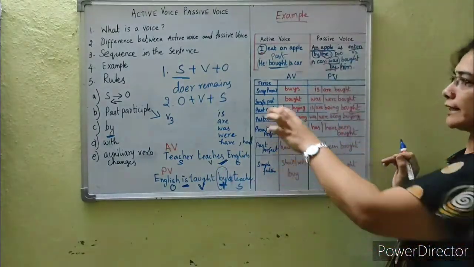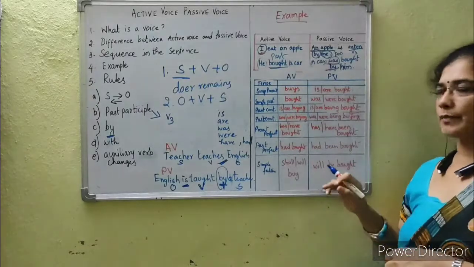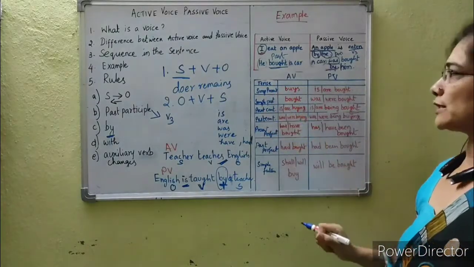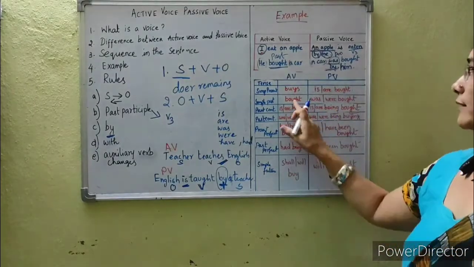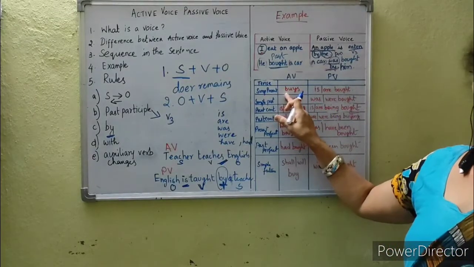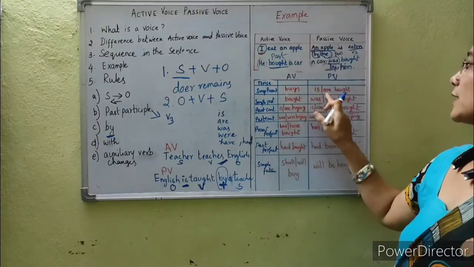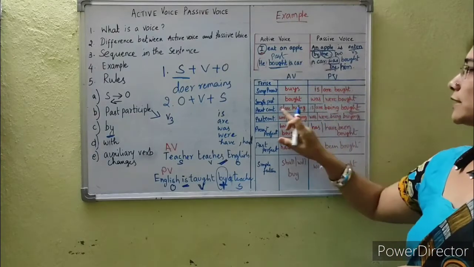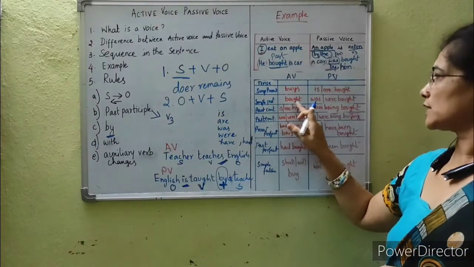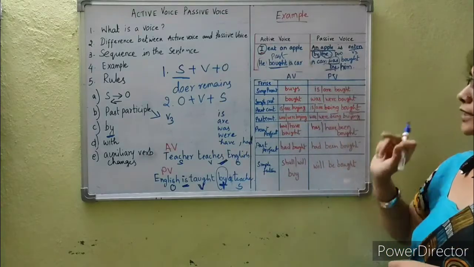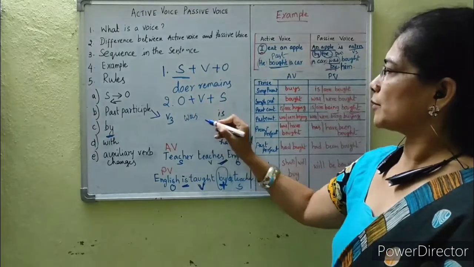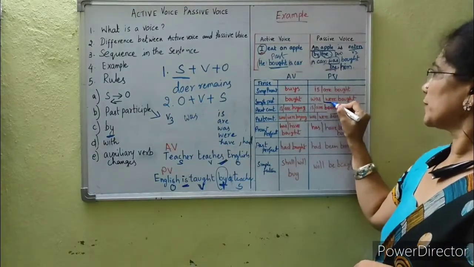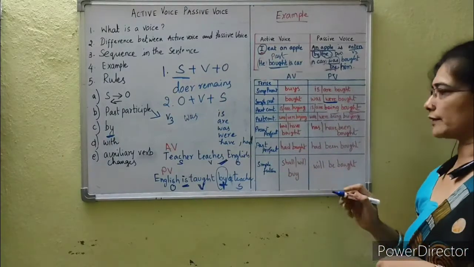So let us see how the tenses change in active voice and passive voice. Suppose you come to simple present tense, and we have given the example of buy. Buy, buys; is, are bought. Simple past, bought; was or were bought. If it is a singular person, we use was. If it is more than one person, we use were.